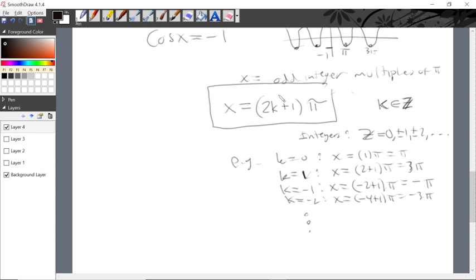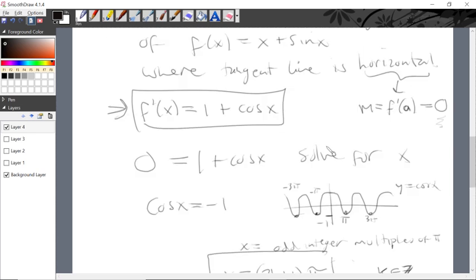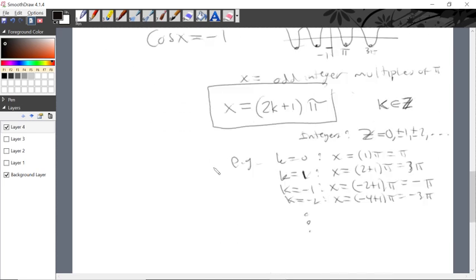Okay, so this is a way that we can say that we're finding the x values such that the cosine of those x values will equal -1. And if the cosine of that x value is equal to -1, then that means that the derivative is going to equal 0.